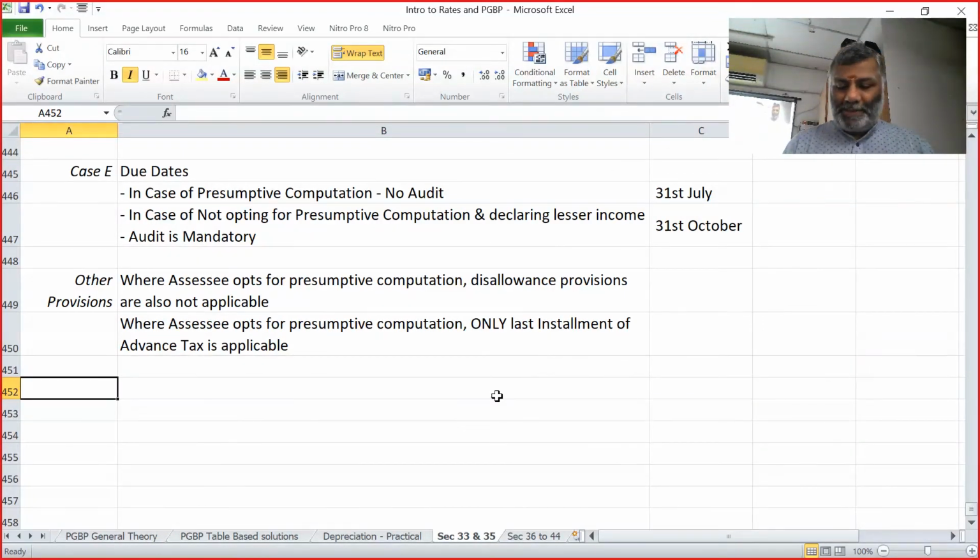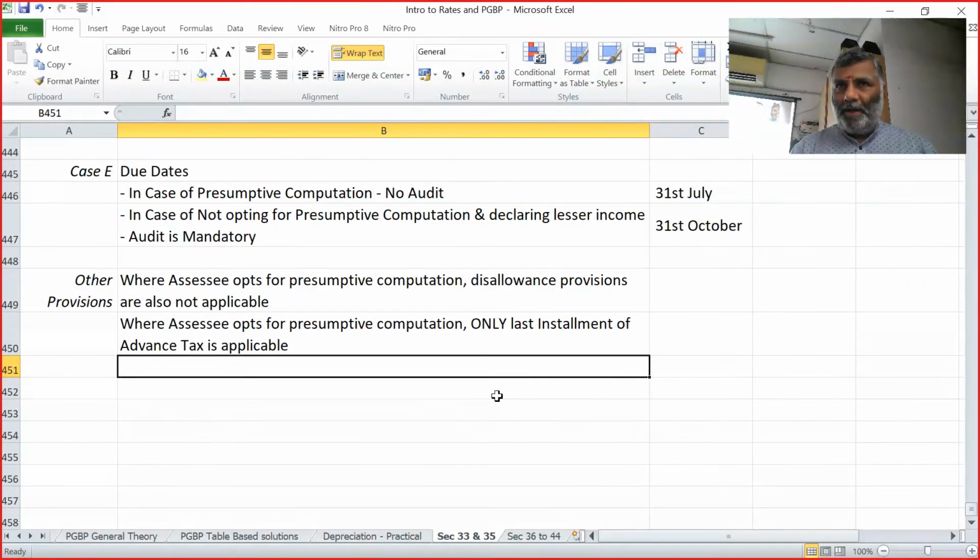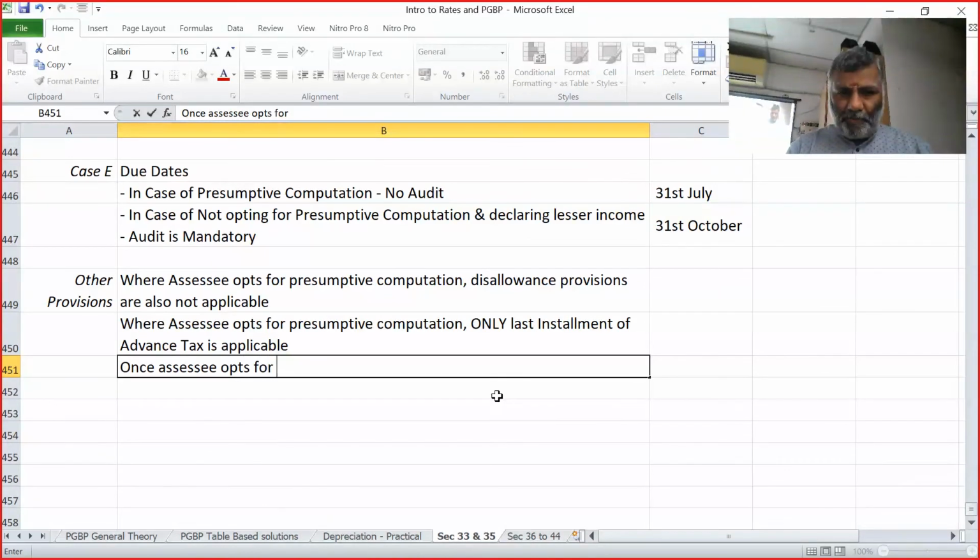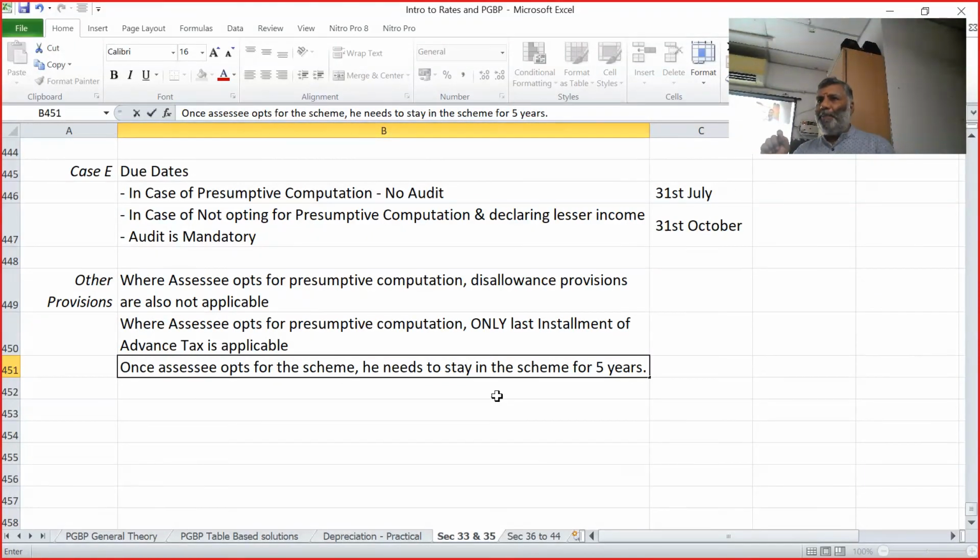Now for the question our friend was asking me. Once assessee opts for the scheme, he needs to stay in the scheme for 5 years. That is the lock-in period.